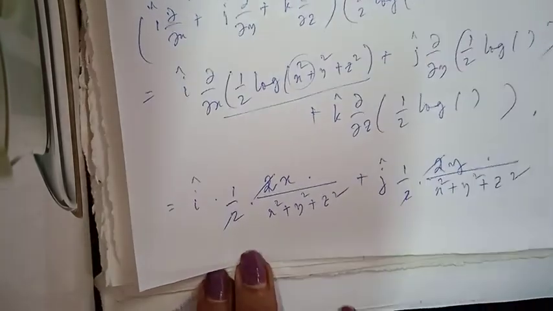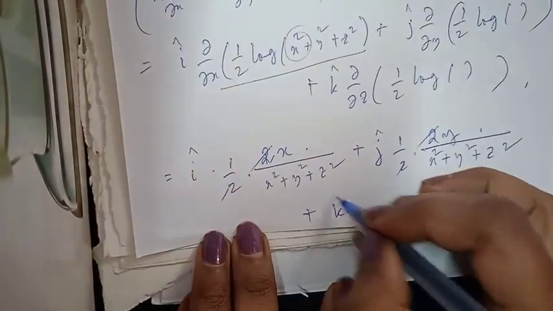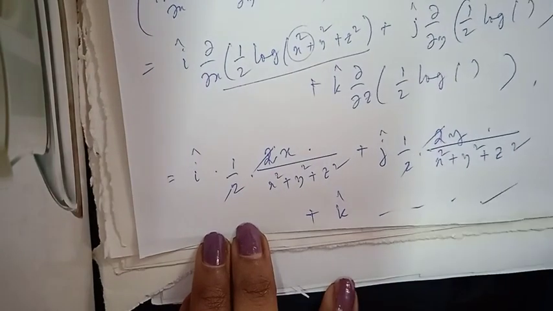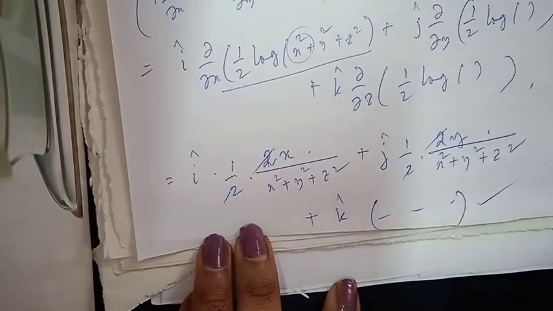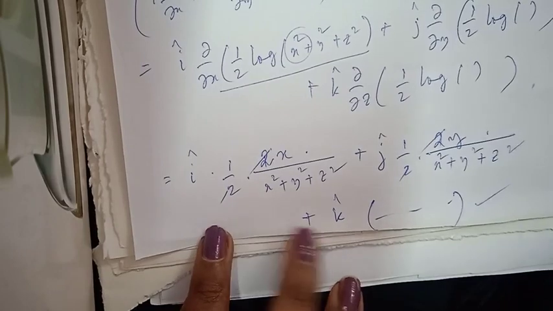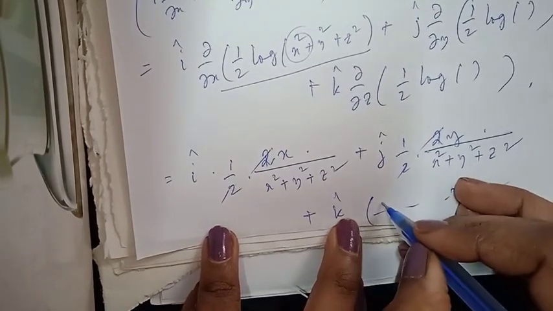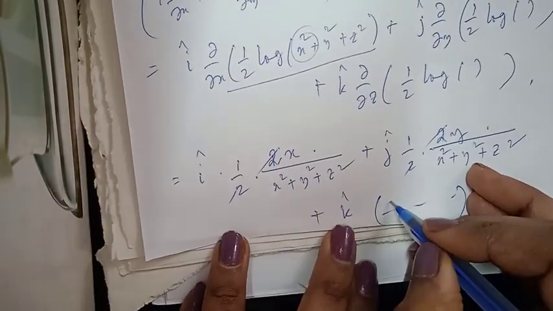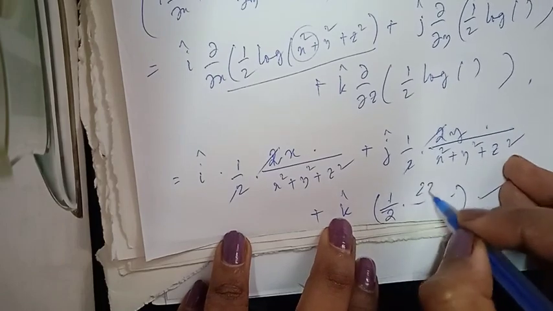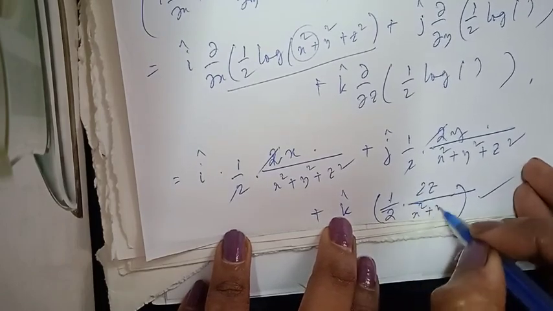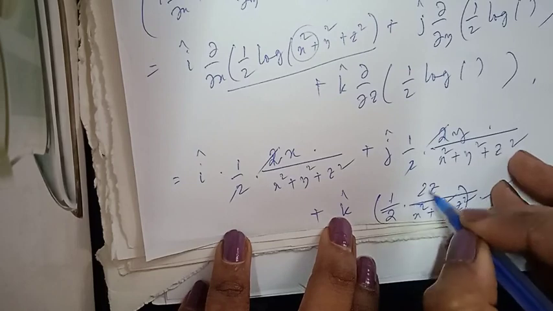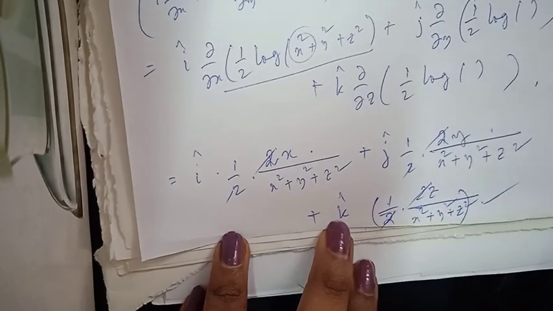Okay, 2 got cancelled out. Similarly for k cap also. Okay, this whole thing. Now simplify it. That will be the same thing, 1 by 2 into 2z by x square plus y square plus z square. So 2 got cancelled out.